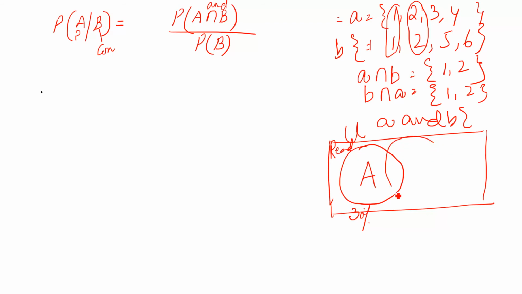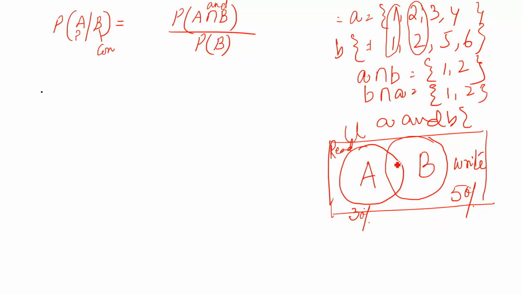And then we have set B. I will draw this overlapping. This is B. There are 50% of students who practice, means who write or practice the test, and then they go for the exam.